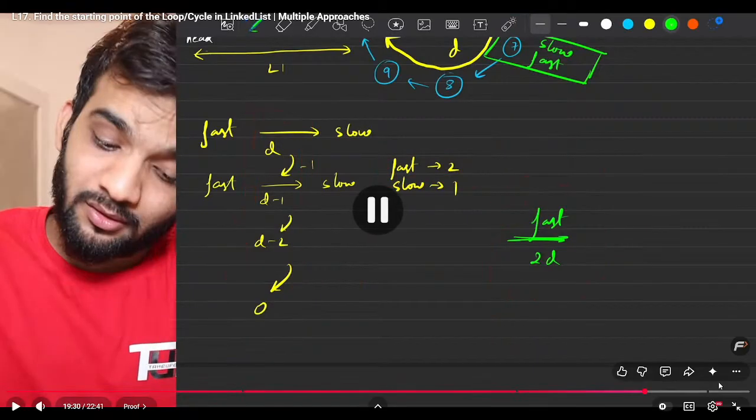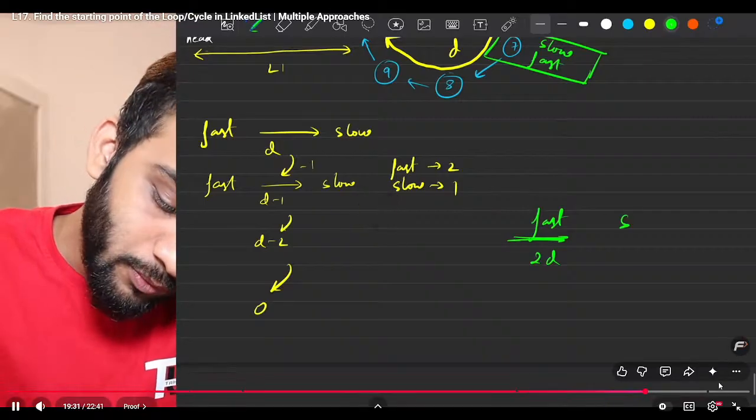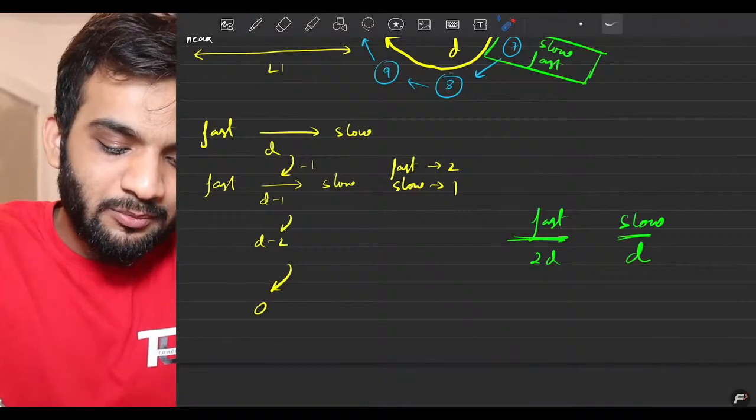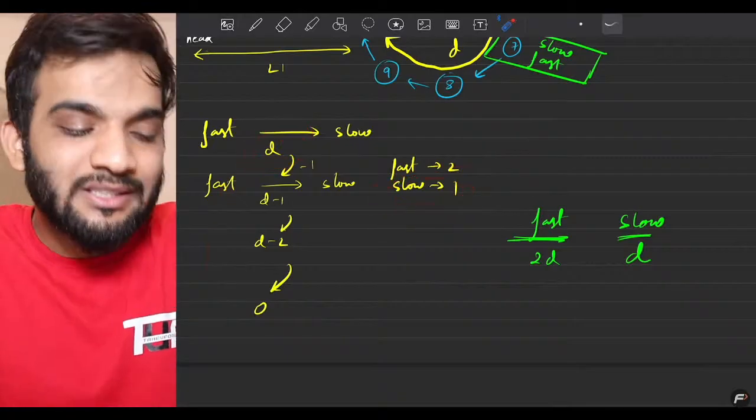Okay, perfect. What about slow? It would have taken D steps because I'm just taking 1 step at a time. So D to reduce to 0. So slow would have taken D steps.